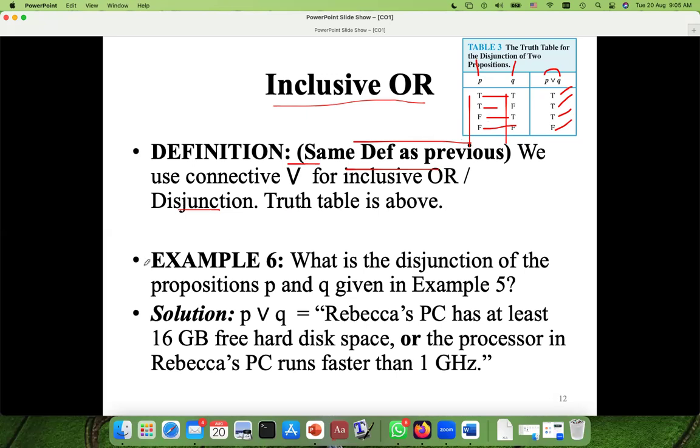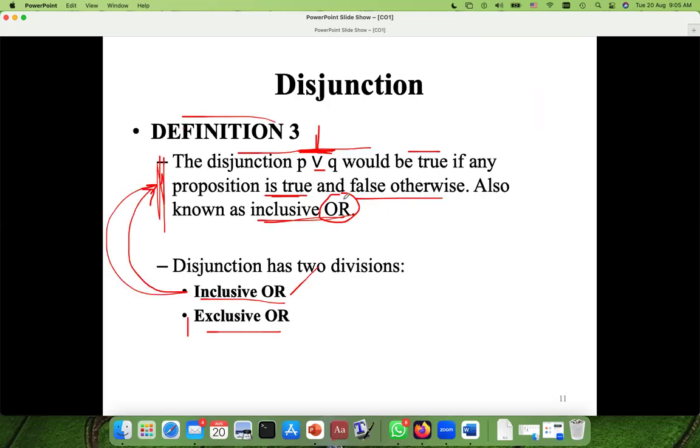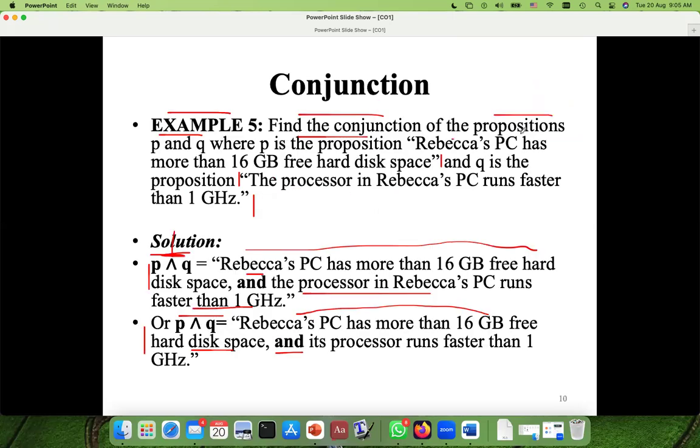Now, example 6. What is the disjunction of the propositions P and Q given in the previous example? You can just repeat that example. Rebecca's PC has 16 GB free space, and the PC runs faster than 1 gigahertz. These are the two propositions. What is the disjunction between them? You only put or between them, nothing else.